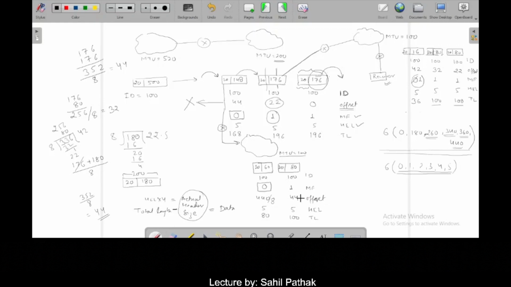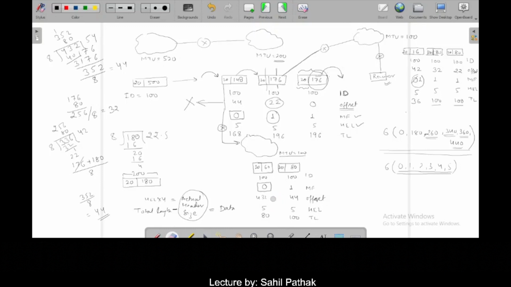Similarly, how many data bytes ahead of this? It is 352 for this and 80 of this. So 352 plus 80 is 432, and 432 when we divide by 8 is 54.